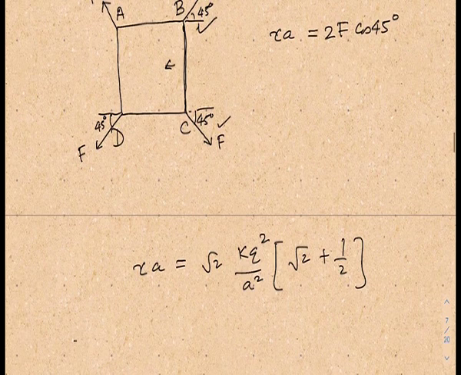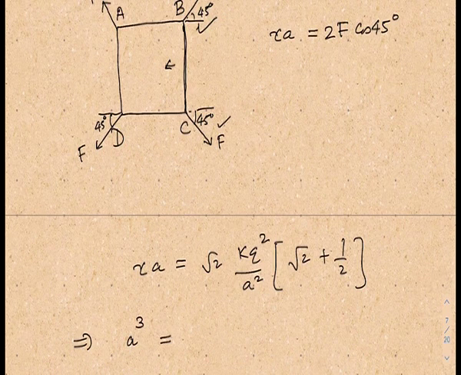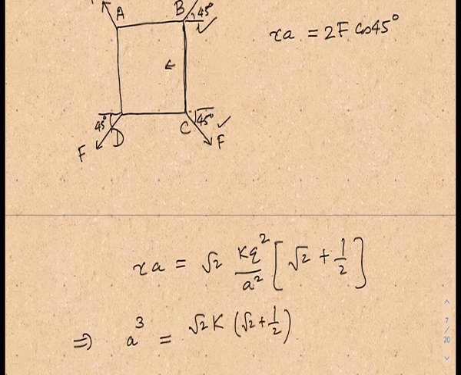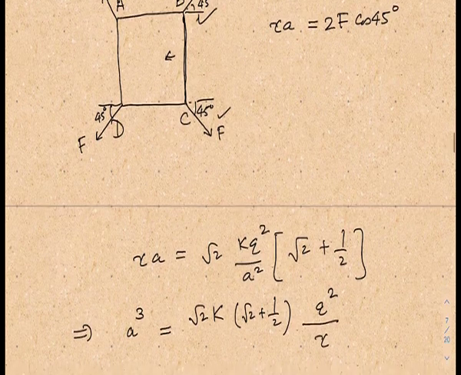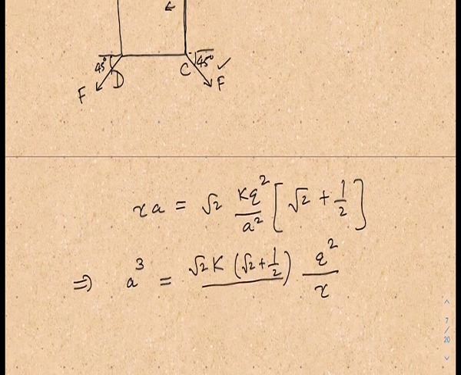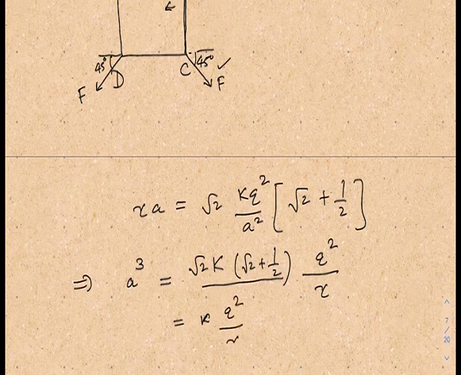So I have to find the expression for A. If I take it this side, this would be A cube, and you will have root 2 plus half, then you have KQ square by gamma. So this is a constant term, as given in the problem, the small k, Q square by gamma.